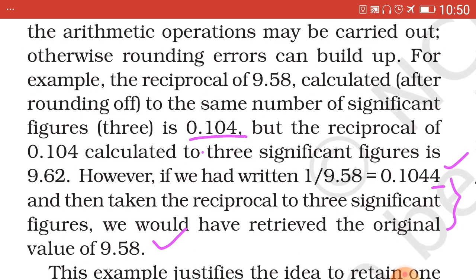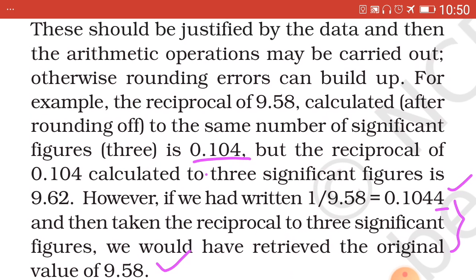Say we consider 9.58, which is the digit given here. Now 9.58 reciprocal, if you consider, you will get 0.104. Here significant figures are 3.